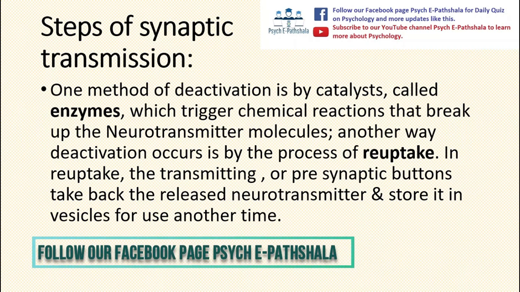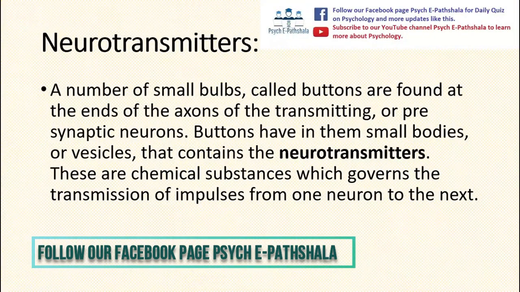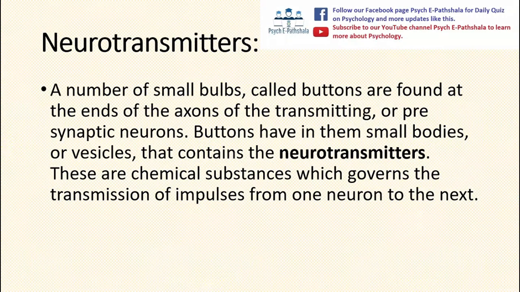So what are the neurotransmitters? A number of small bulbs called buttons are found at the ends of the axons of the transmitting or presynaptic neurons. The buttons have in them small bodies or vesicles. These vesicles contain neurotransmitters.